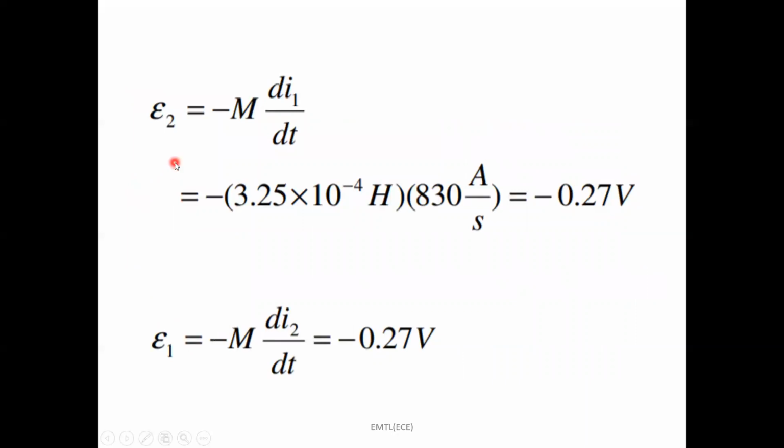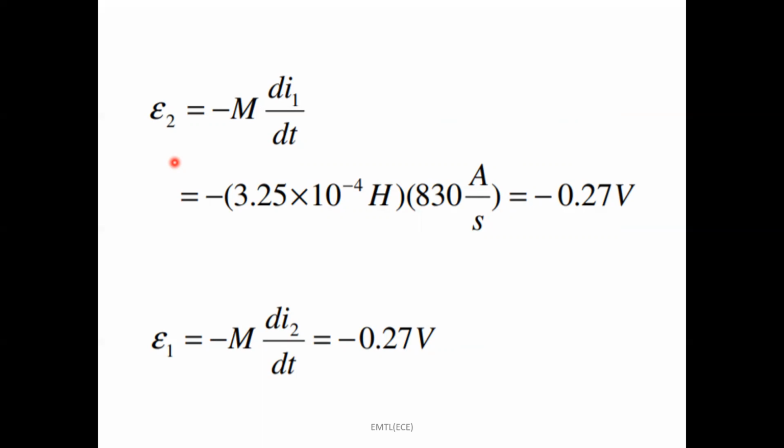The expression has to be taken from the mutual inductance between one coil and another coil. In the first problem, we have to calculate the induced EMF developed in coil 2. The expression for that is minus M times dI1 by dt, where M is the coefficient of mutual inductance.